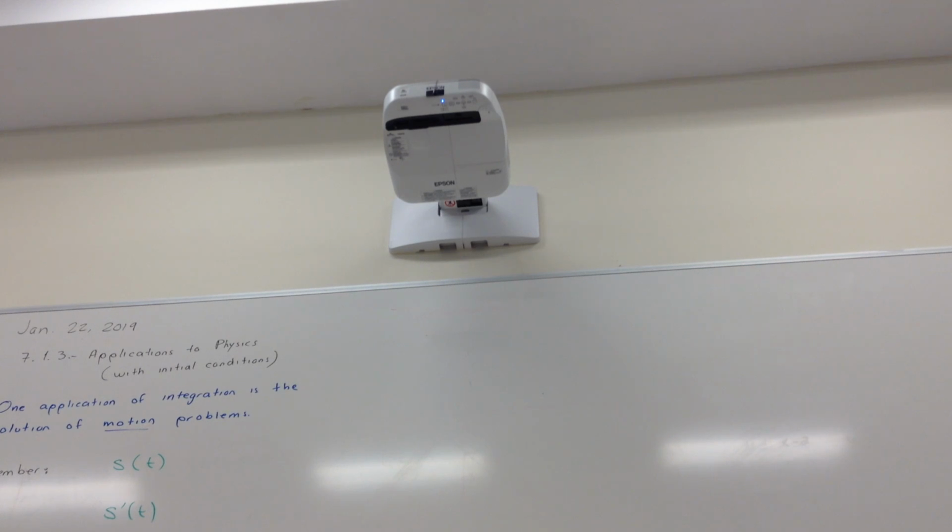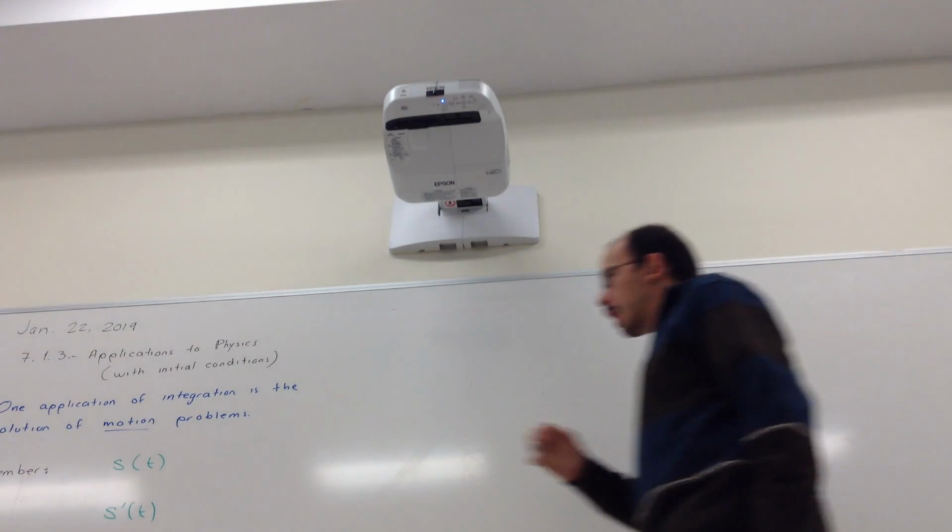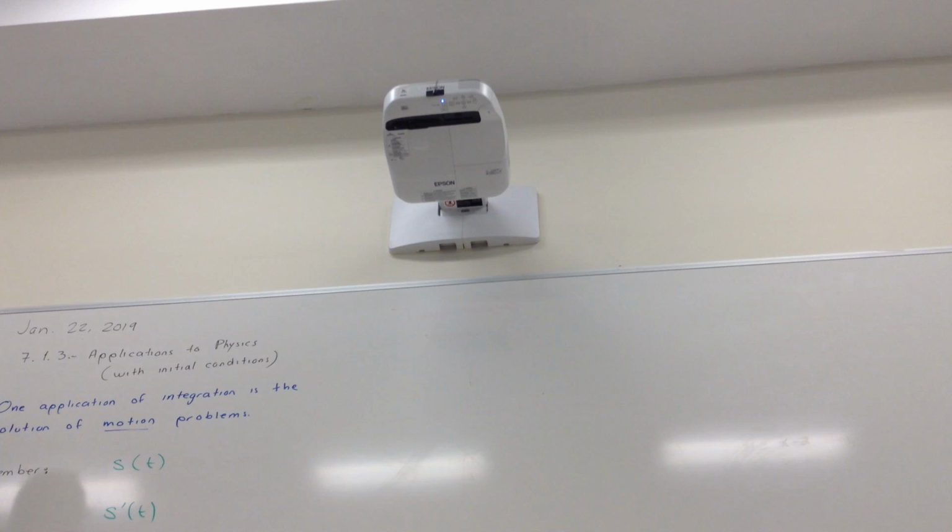Okay. So one of the applications for integrals is the solution of motion problems. When I say motion problems, I mean vertical motion problems or horizontal motion problems. Could be both. But remember, in Math 5 and here in Math 6, when I want to use a function to represent the position, velocity and acceleration, we don't use f of x. We're going to use s of t.